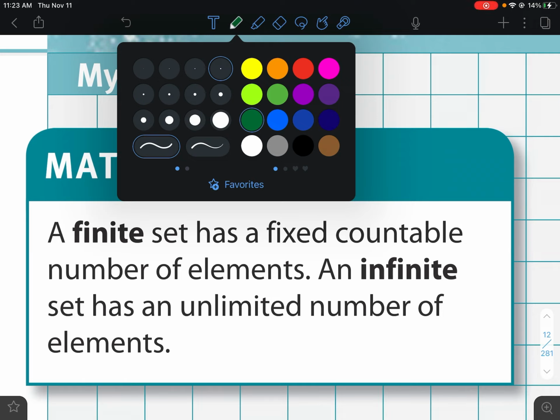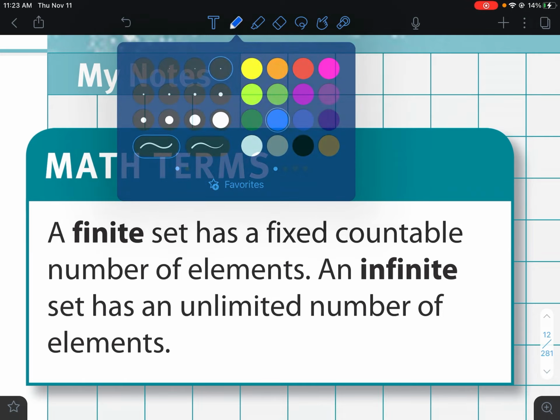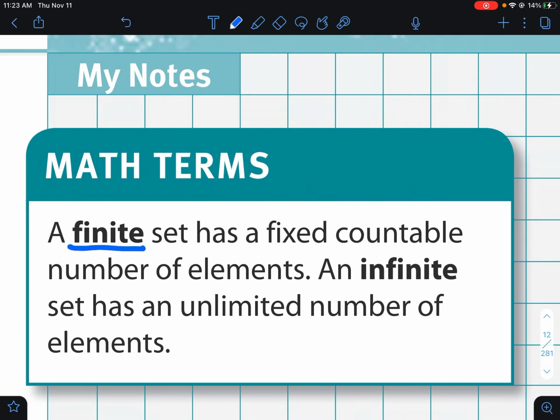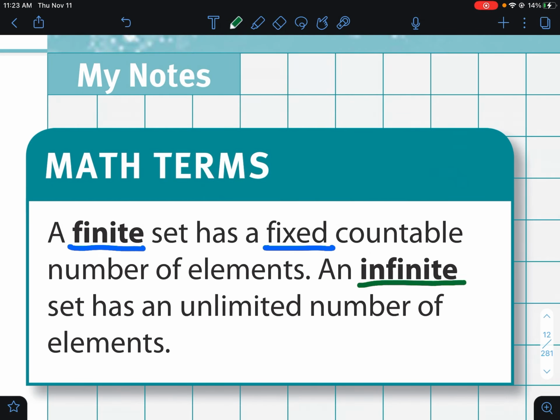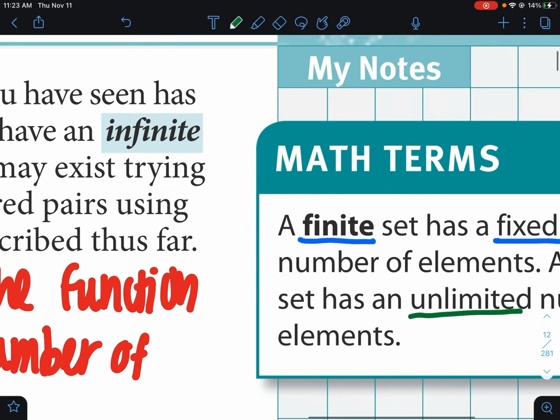So finite is fixed. Infinite has an unlimited number. So if something is considered finite, that means it has a fixed number, a set number. Other things are infinite. Infinite means it has an unlimited number.